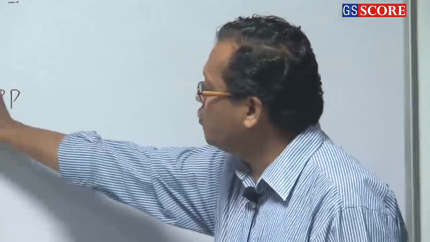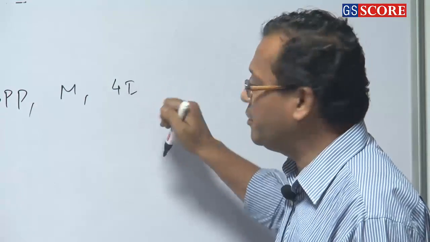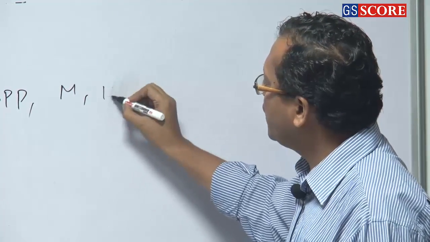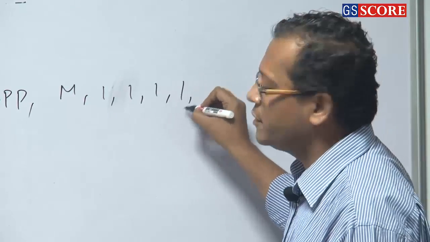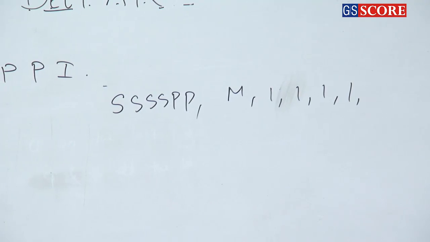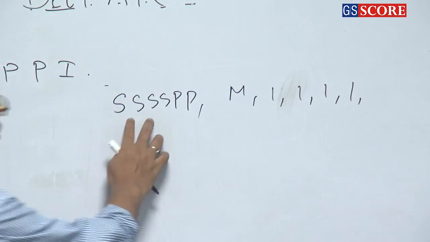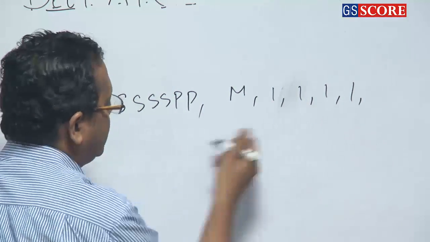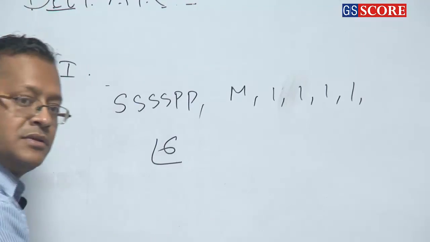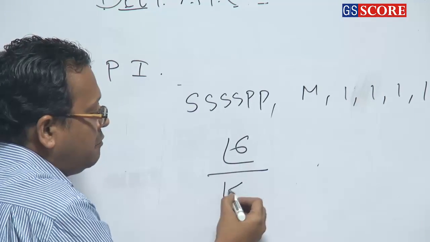So there is one group here, then M and then 4 I's. Clear or not? So how many letters are now there? 1, 2, 3, 4, 5, 6. So factorial 6, of which 4 I's are there. So factorial 6 by factorial 4.